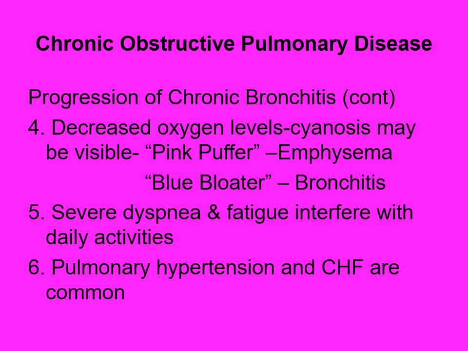Cyanosis usually doesn't happen until later on in emphysema. Bronchitis is different because you don't get the air in, so they're referred to as blue bloaters because they tend to be cyanotic. Severe dyspnea, difficulty breathing, and fatigue interfere with daily activities. And then pulmonary hypertension and congestive heart failure are common.